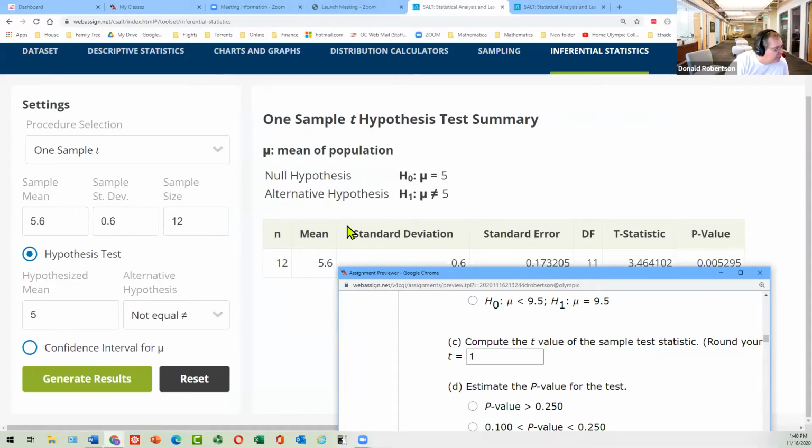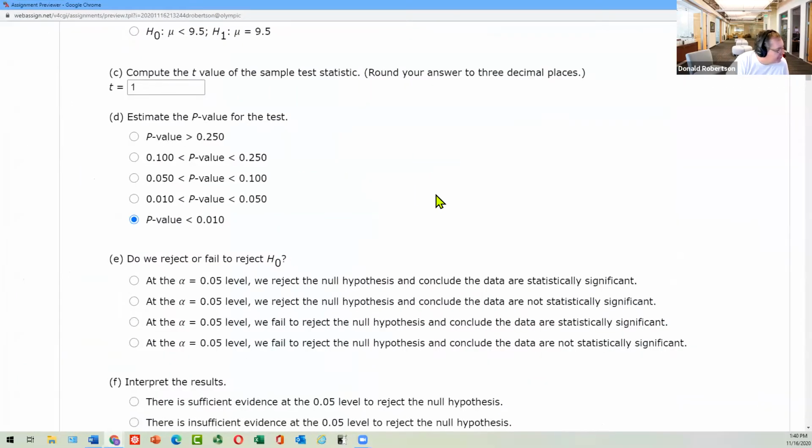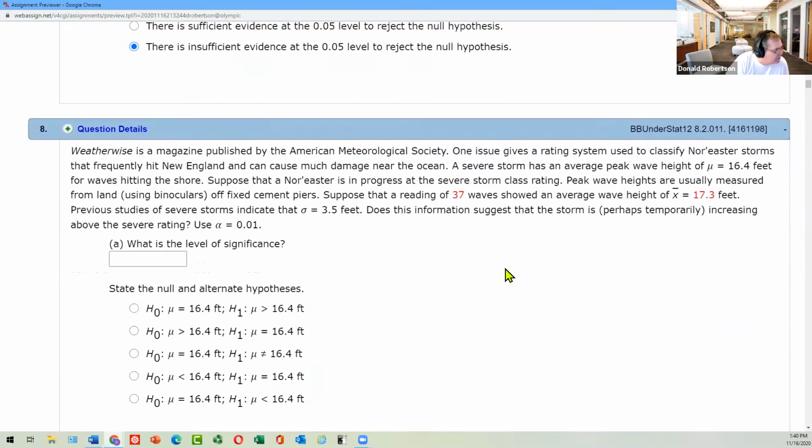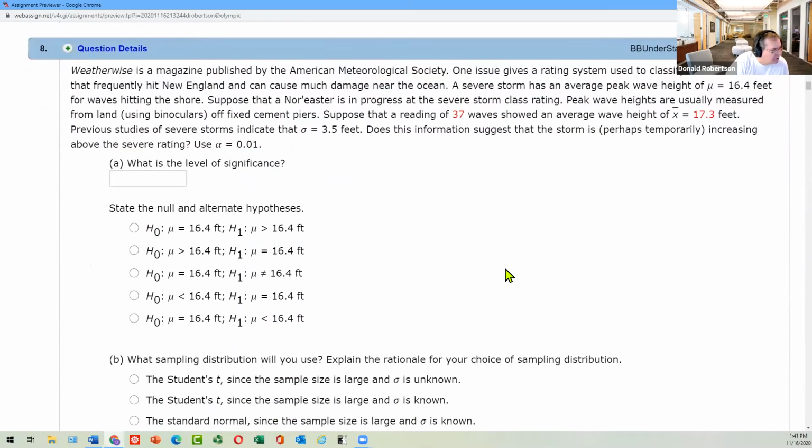And when it's a yes, you reject the null hypothesis then. And then there is insufficient evidence. A little bit confused by the phraseology of that, but I can live with it now.